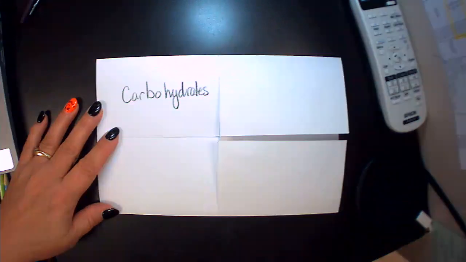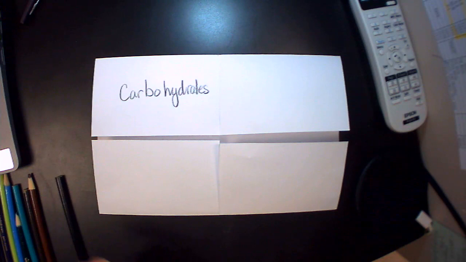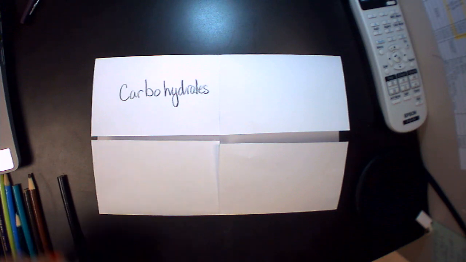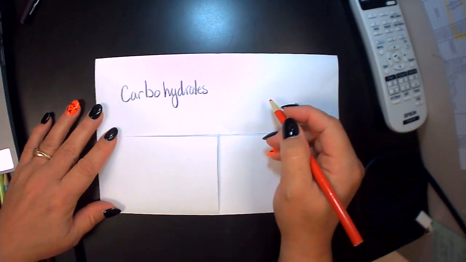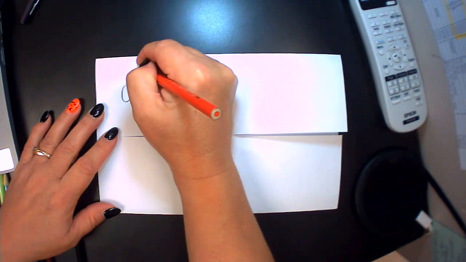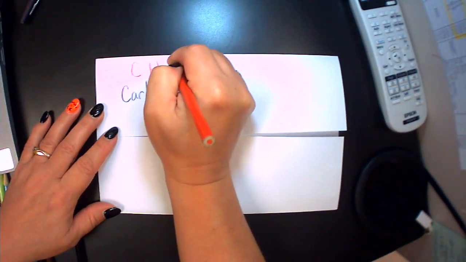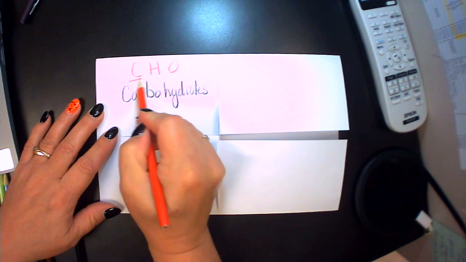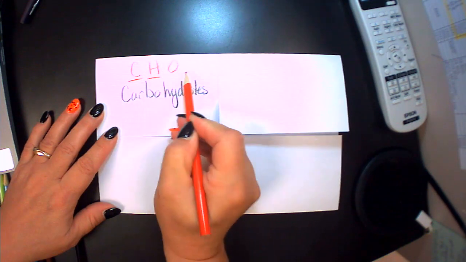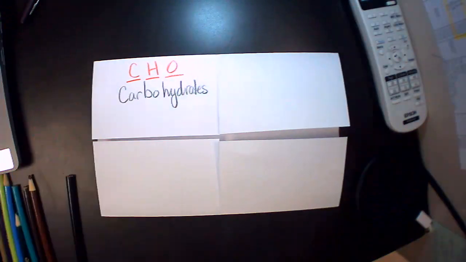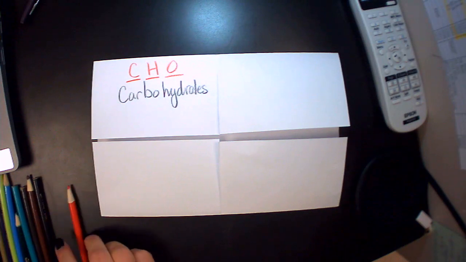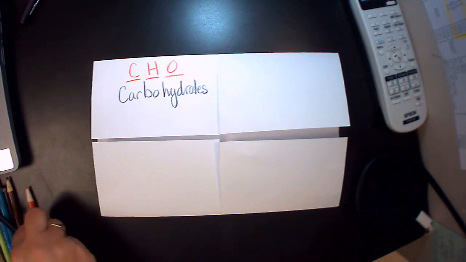Remember, we learned that in our pizza macromolecule input chart. Carbohydrates were in the crust. And a carbohydrate is a CHO. That means that it contains a carbon, hydrogen, and oxygen. And that is what makes up the carbohydrate.